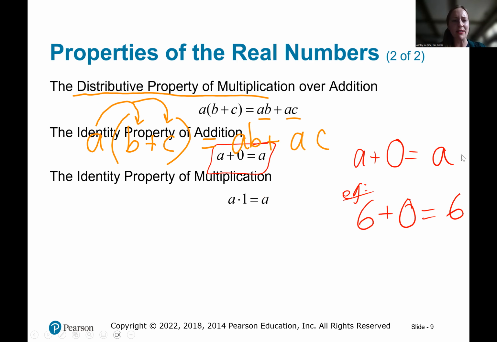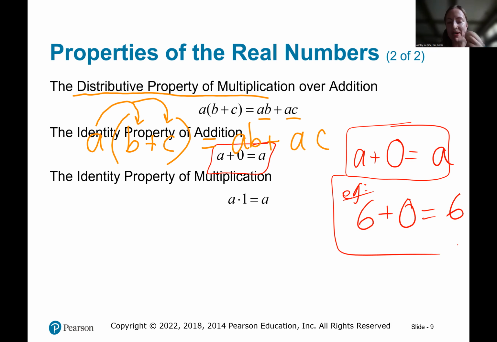That seems kind of silly, and the only way it's useful is if you don't know what a is. If you left it as a variable, at first it's kind of daunting. You're worried: I don't know what a is, so can I really simplify a plus 0? Doesn't matter what a is, you add 0 to it, and it's going to be the original a back.